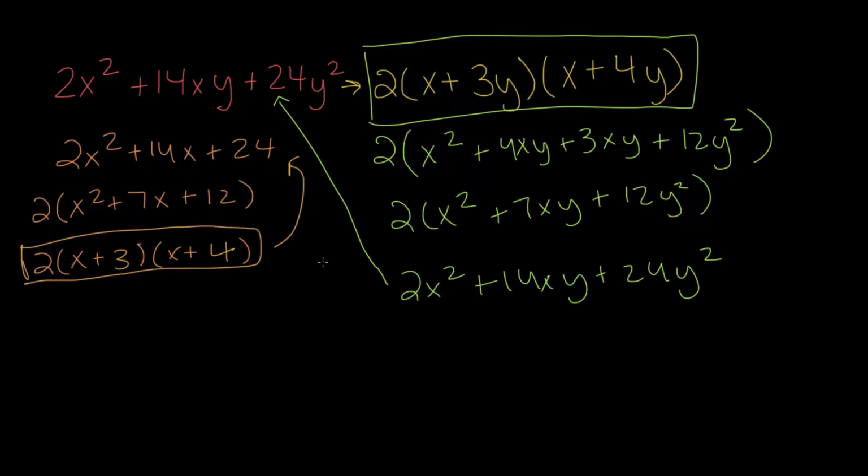So now that we know how to factor trinomials that have 2 variables in it, let's move on to our next topic. So our next topic is factoring perfect square trinomials. So a perfect square trinomial is basically like if you have something like this.